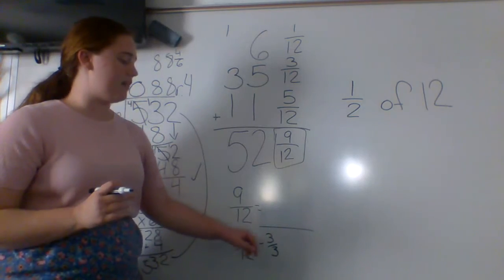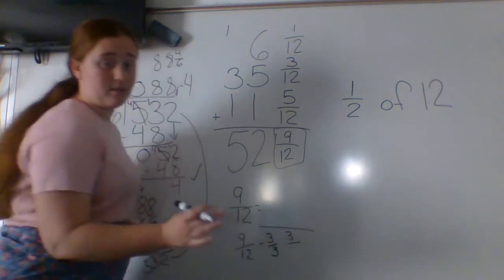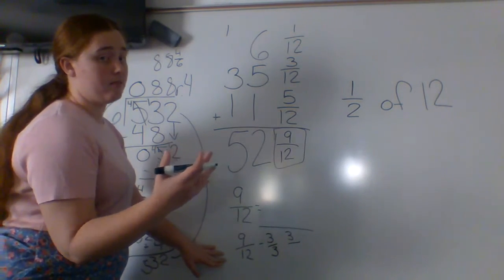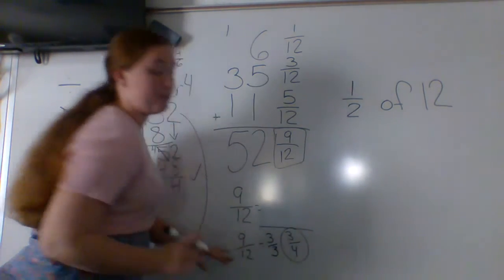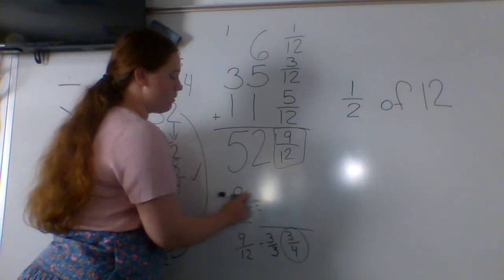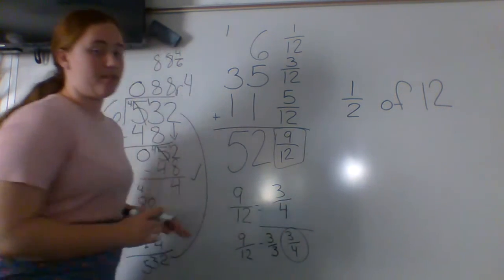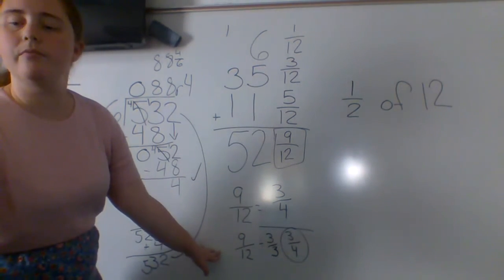So 9 divided by 3 is 3, good. And 12 divided by 3 is, good, 4. So that would be my answer. So I would just write 9/12 equals 3/4.